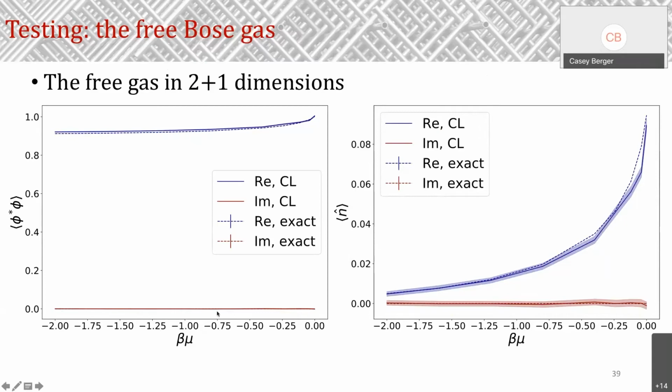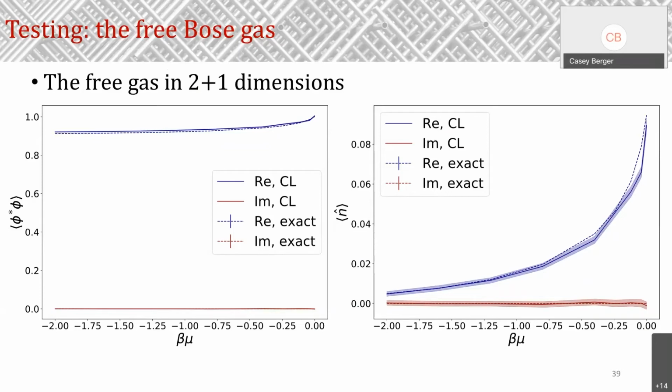It's exactly 0 in the analytical solution, and it averages to 0 with the complex Langevin solution. And our real part is very well recreated by the complex Langevin method. This is even more apparent with the density, which is the plot on the right, where we have very good agreement between our method and the exact solution.